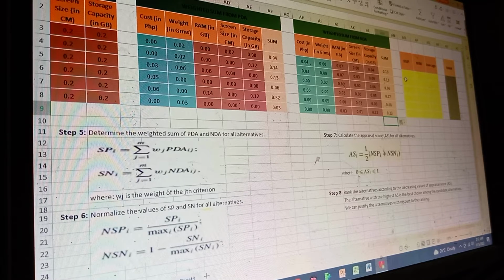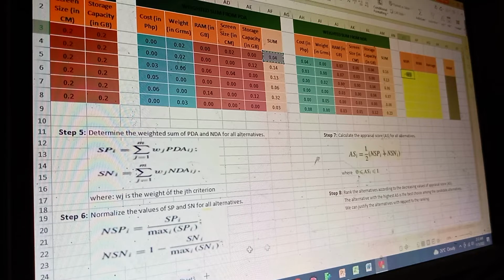The formula for this one is SP, equal to this one.